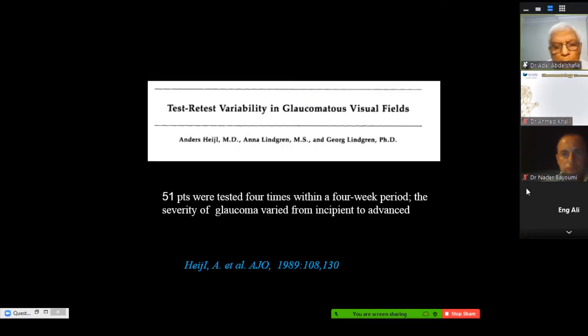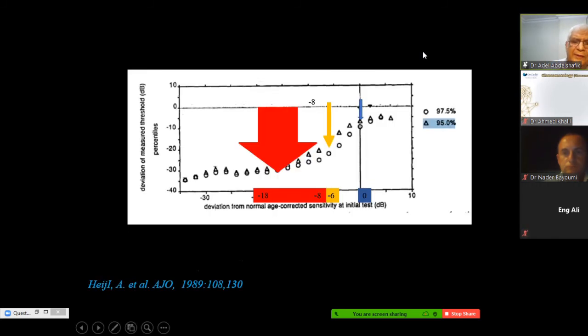This paper was published back in 1989. The authors got 51 patients. They were tested 4 times within 4 weeks. These patients had different severity of glaucoma, between early and advanced glaucoma damage. And they found the following.